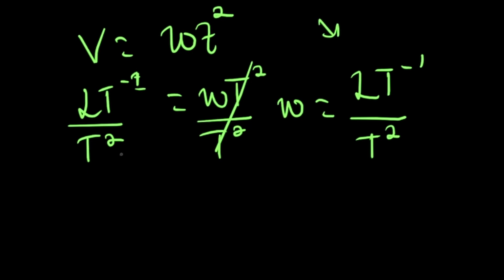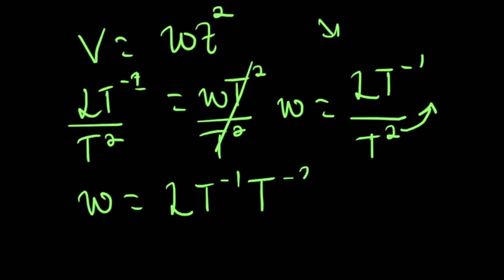So we can simplify it to determine the dimensions of W. Therefore, we have that W is equal to, so I'm also going to apply the same reciprocal law of exponents by taking the T to the power of 2 upwards. I'm going to remove it from the denominator, and you know that if it goes upwards, it's going to become a negative. Therefore, we have LT minus 1. When it goes up, it becomes T minus 2.